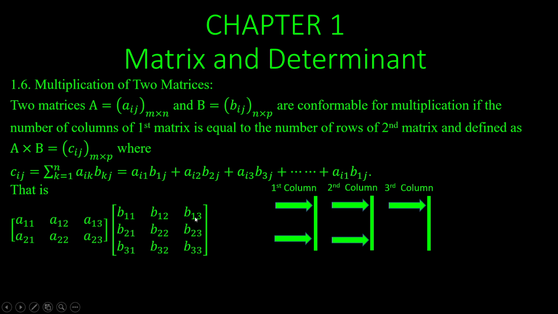Again, we multiply all the entries of the third column of the second matrix by the corresponding entries of the second row of the first matrix, and adding those products we get the sum and we have to put it here.